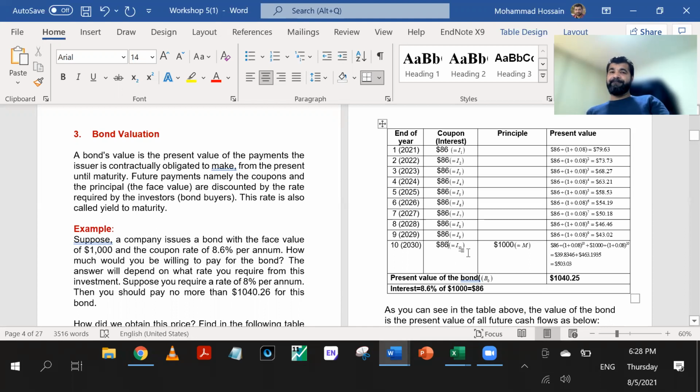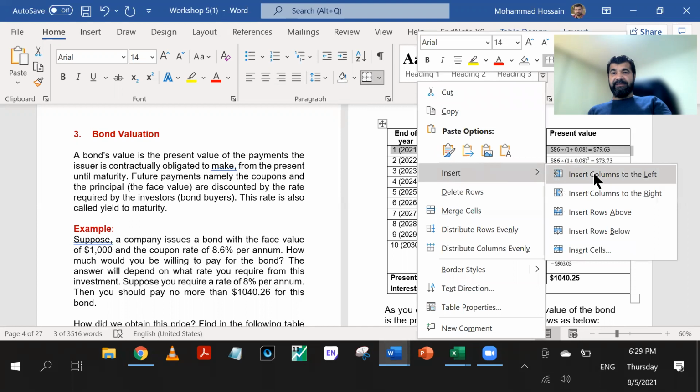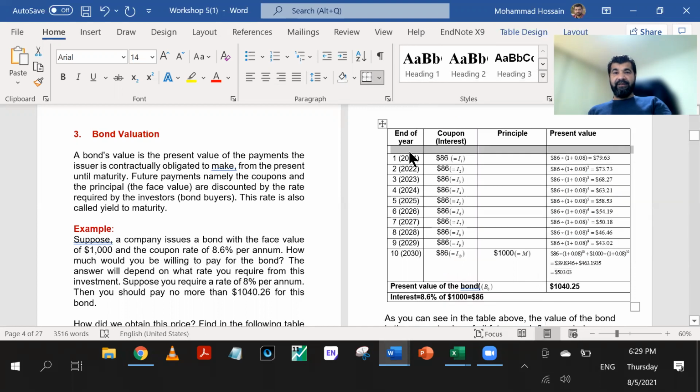This is the 86 you're getting. Now the question is, what is the true value of your money? At the beginning of year one, I think we should add another line here. Insert above. This should be at 0, which year?